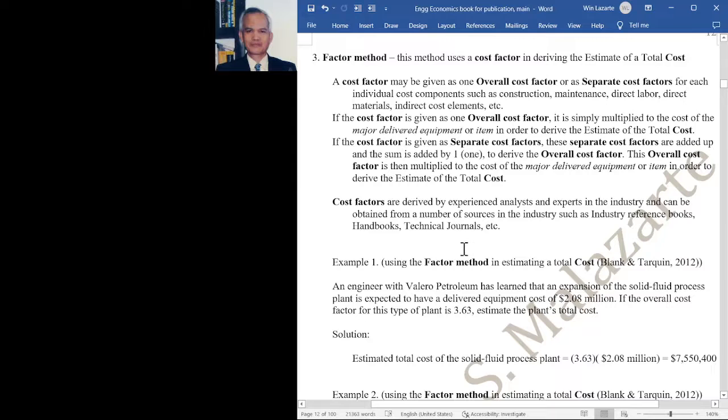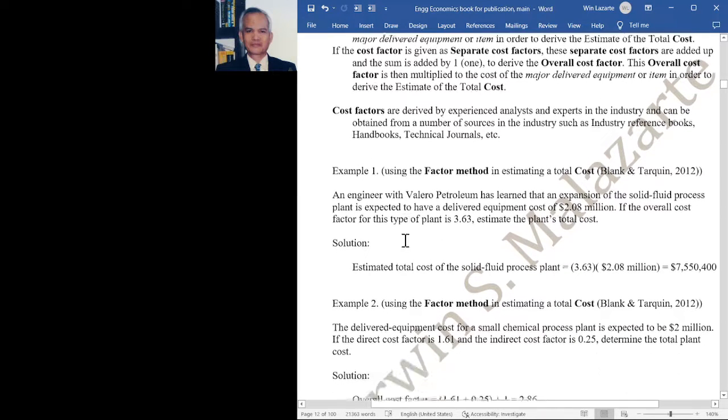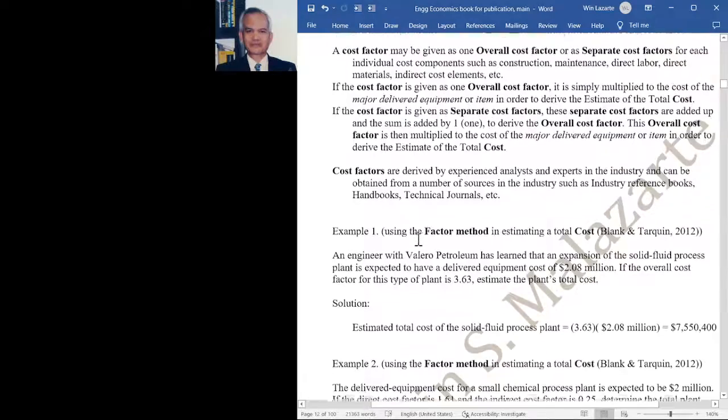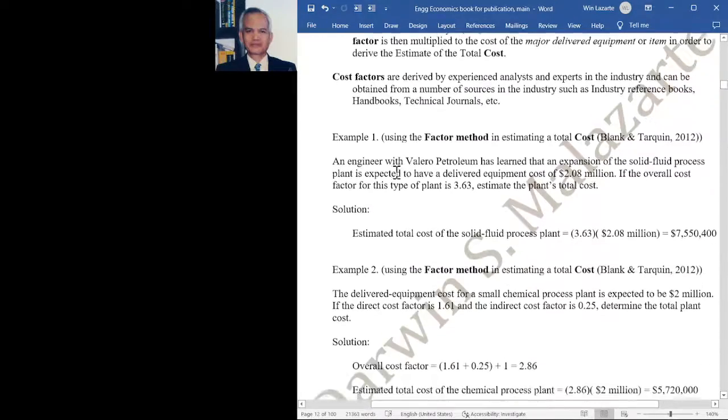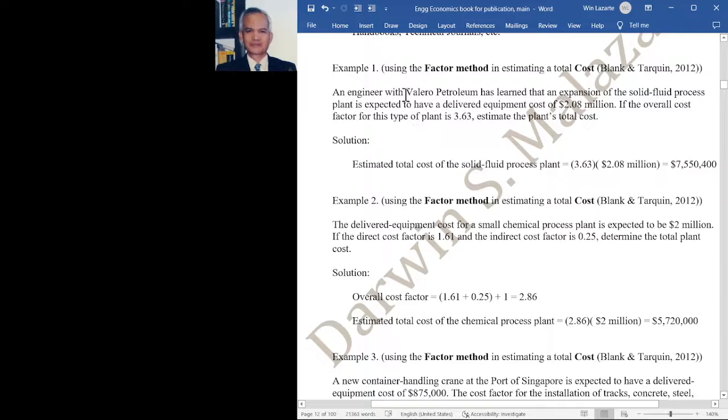Now, for the demonstration on how to use this method, look at this example. Okay, so example 1, using the factor method in estimating a total cost. This example was taken from the reference book by Blank and Tarquin, and this is the problem.